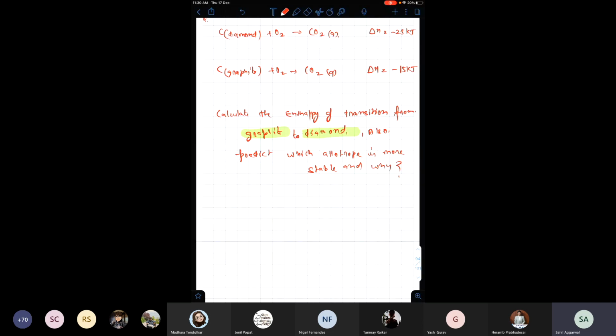Amod, graphite to diamond. ये ऑप्शन में होगा, आपका मार्क्स कट जाएंगे.